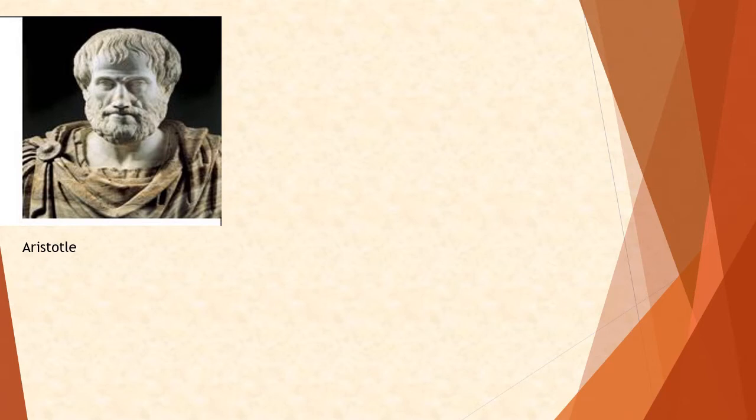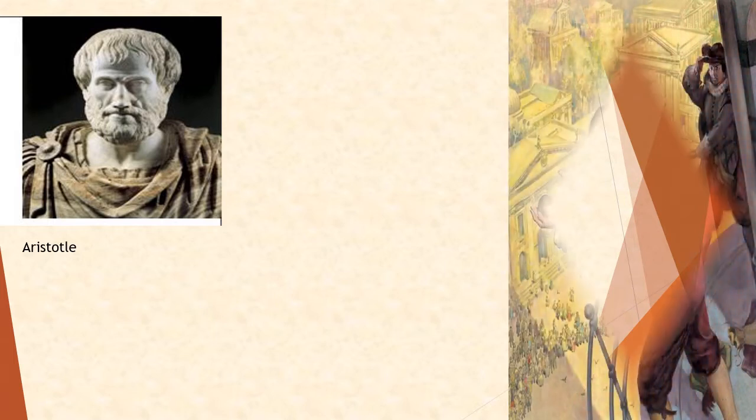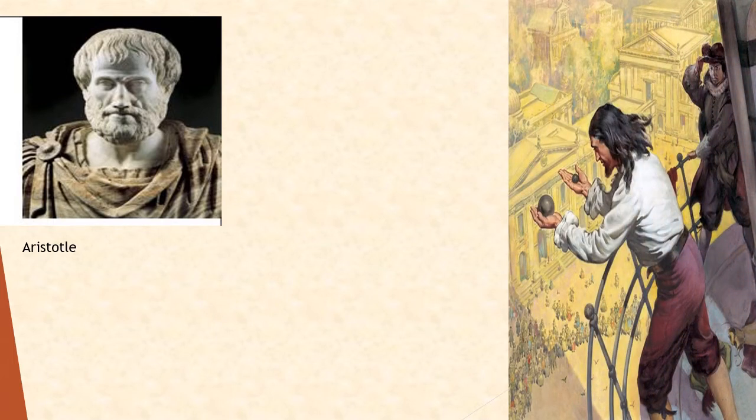Many experiments were conducted during ancient times, and the scientist and philosopher Aristotle said that when an object is undergoing free fall, the speed of the object will be proportional to its mass. That means the more the mass of the object, the faster it will reach the earth. This statement was contradicted by Galileo Galilei.